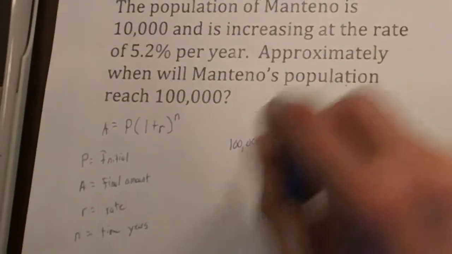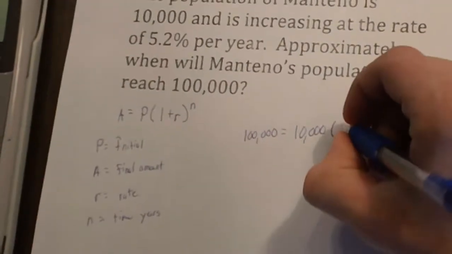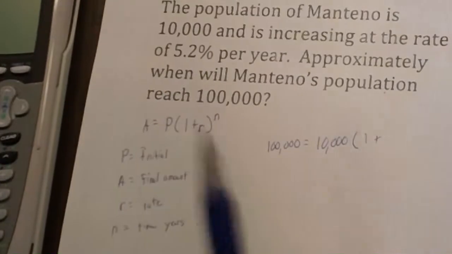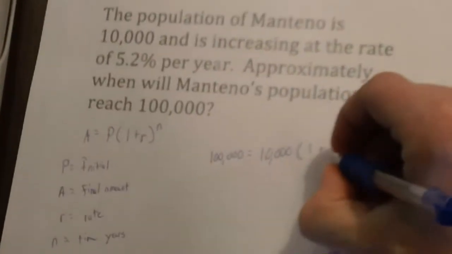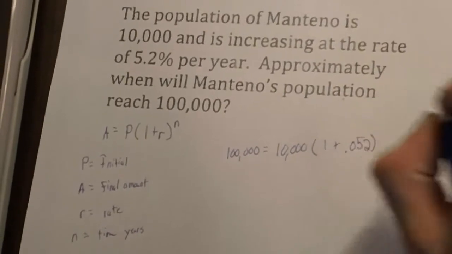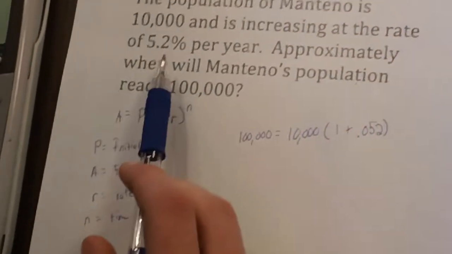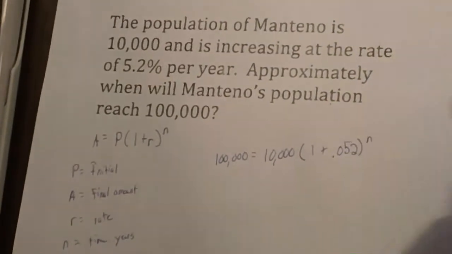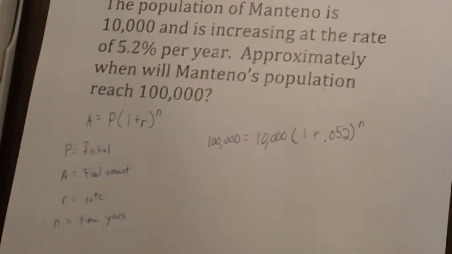We'll open our quantity, 1, and the rate is 5.2%, or in decimal form, 0.052. If you notice in the problem, it doesn't give us a number of years that it'll take, so that'll stay as n, and that'll be what we're trying to solve for.